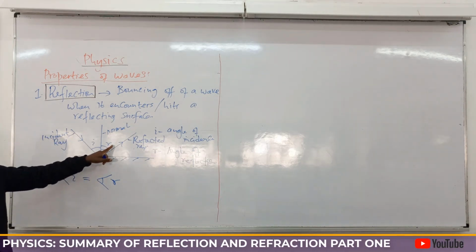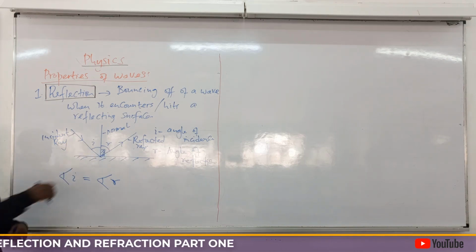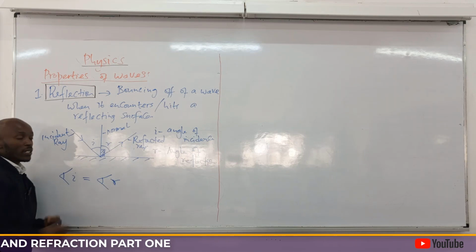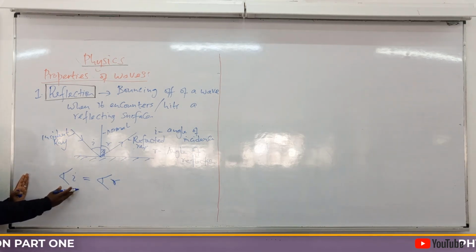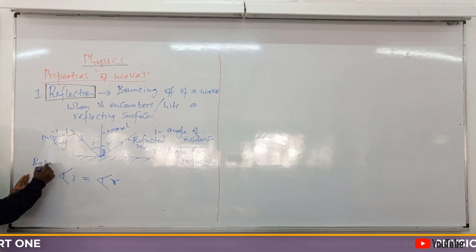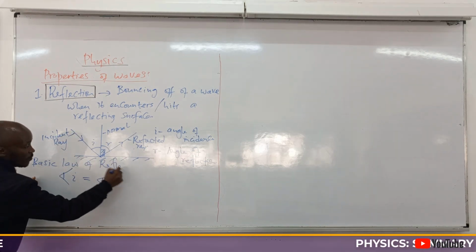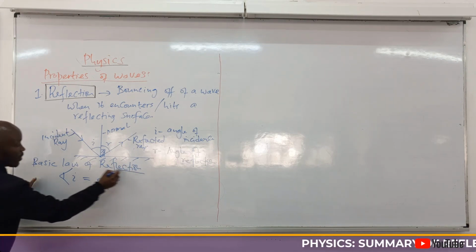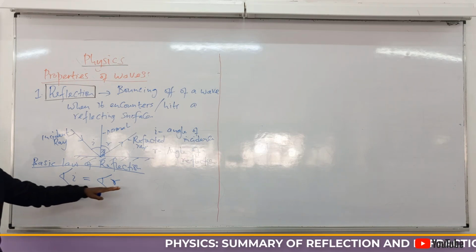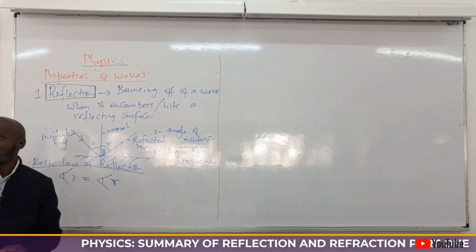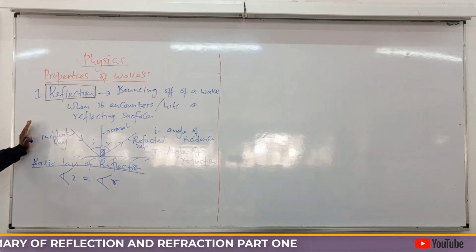And then R is the angle of reflection, again between the normal line and the reflected ray. And then finally, this is the basic law of reflection, which is simply saying the angle of incidence is equal to the angle of reflection. That's it. That's the first property of waves.